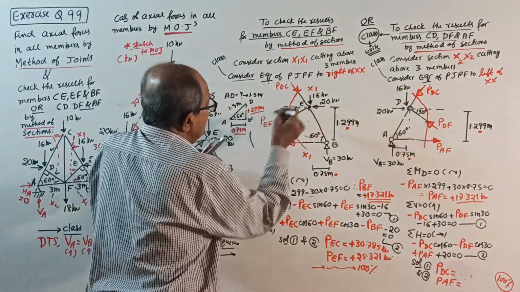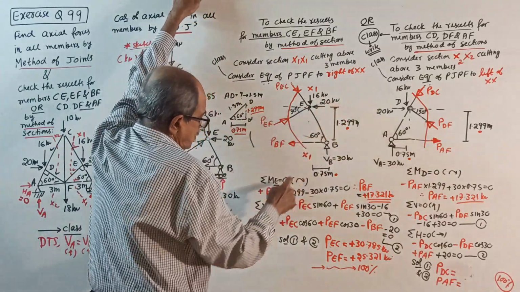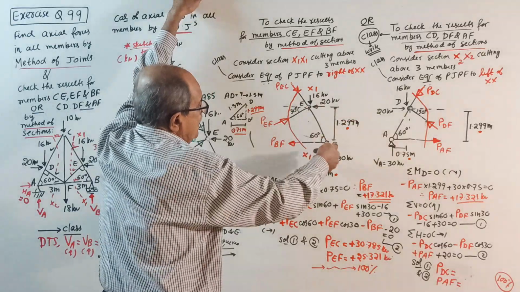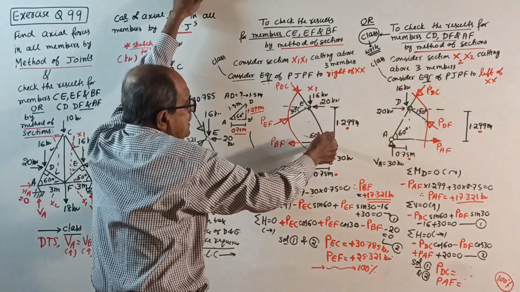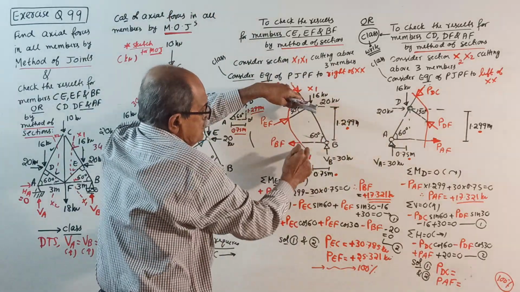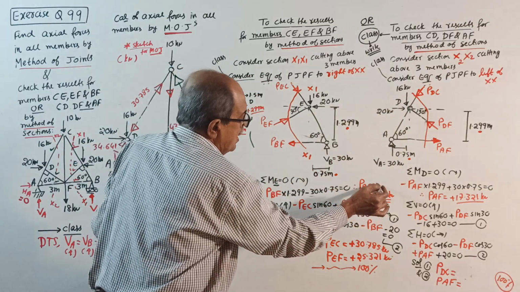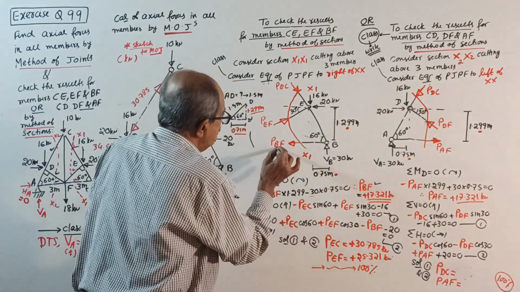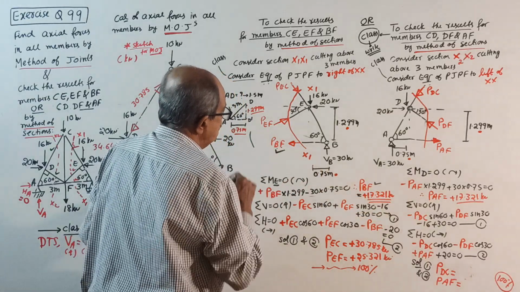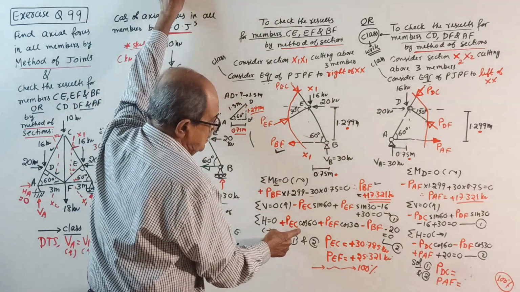Take moment about E. See, plus PBF into 1.299, then minus VB into 0.75 equal to 0. PBF will come 17.321. So you got the value of PBF now. It is known. Sigma V equal to 0, sigma H equal to 0.